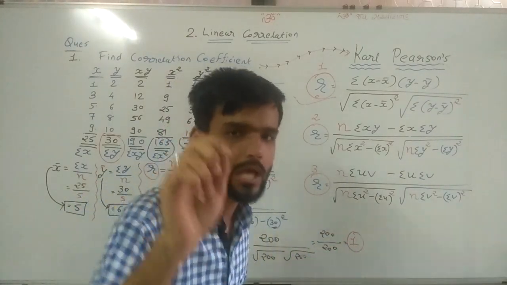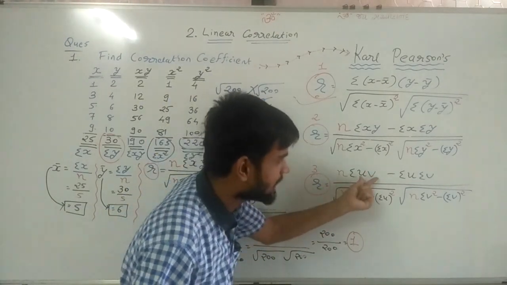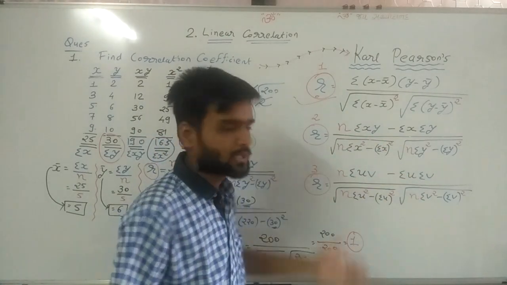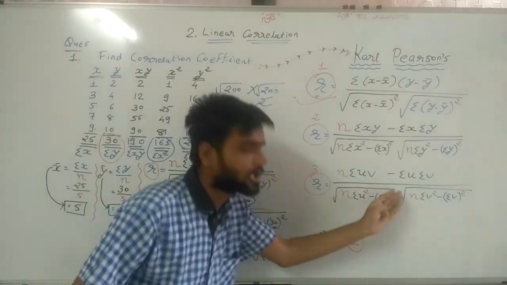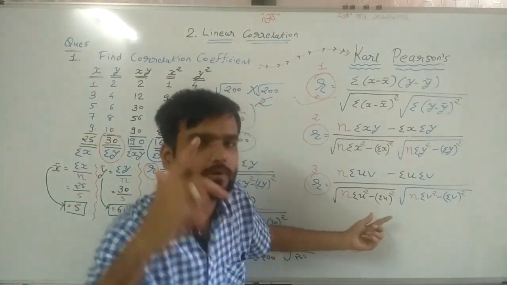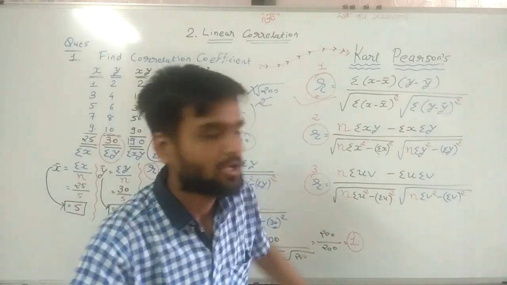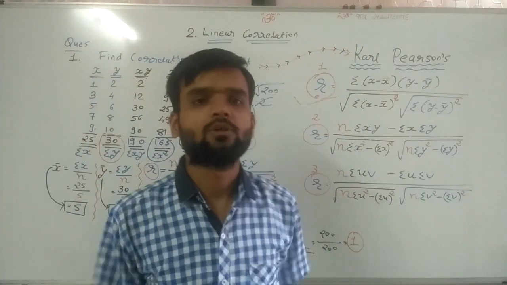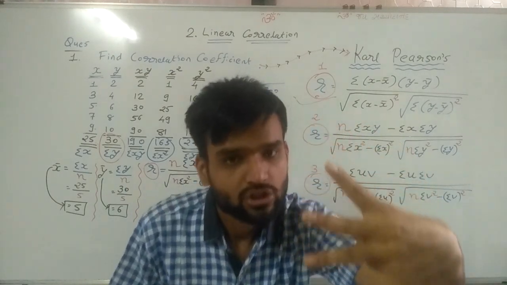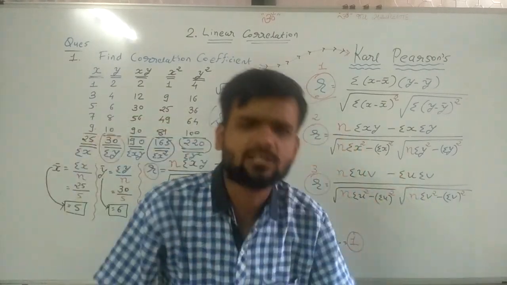So my third formula is r is equal to n sigma uv minus sigma u sigma v divided by first under root n sigma u square minus (sigma u) whole square, second under root n sigma v square minus (sigma v) whole square. So these are the three formulas which we can use in any sum.